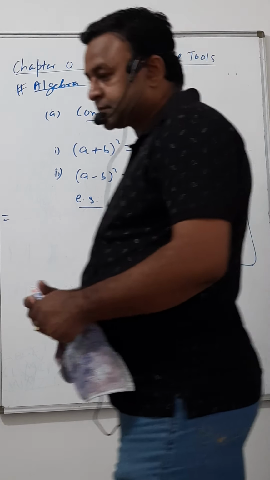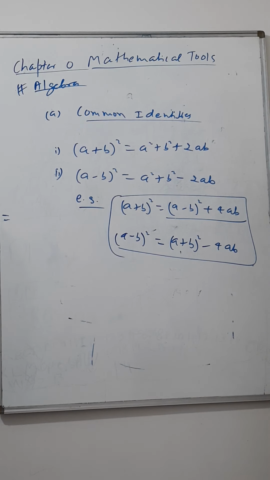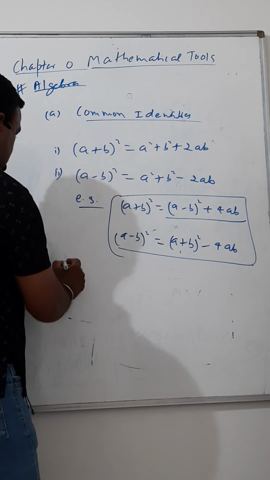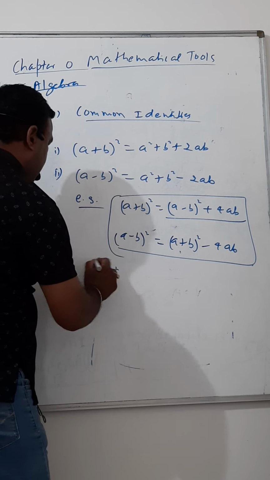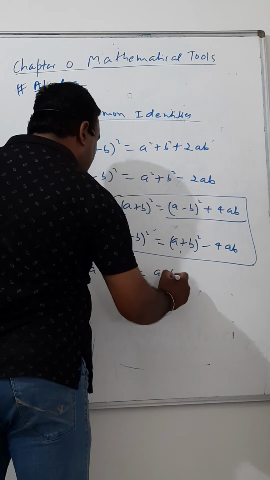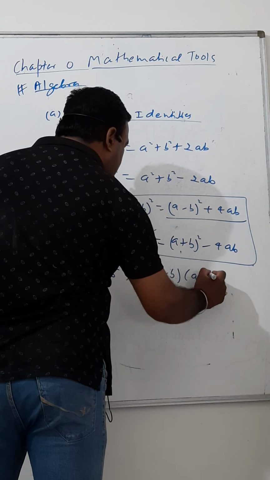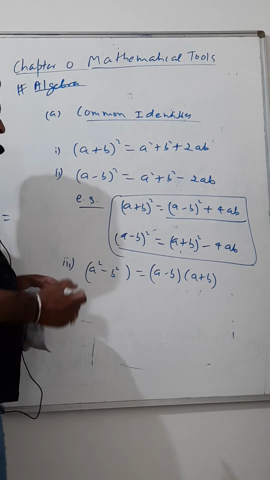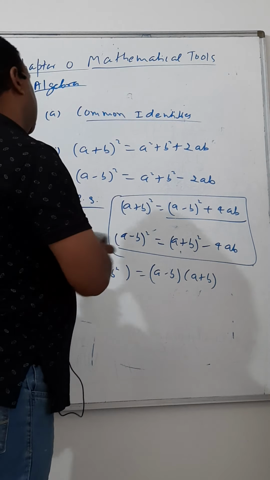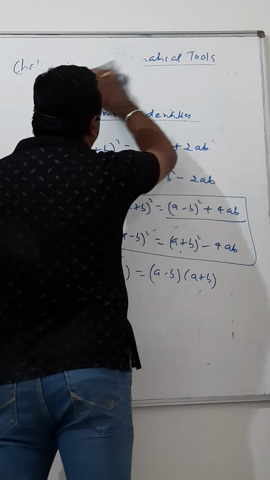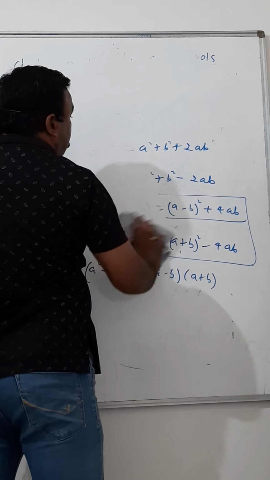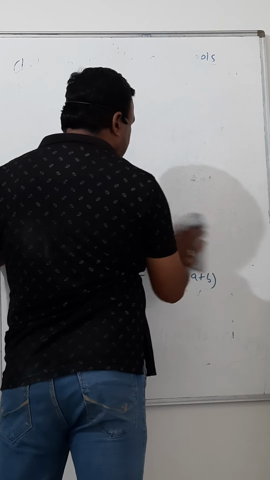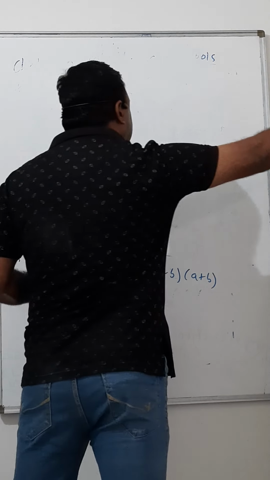After that, I come to a square minus b square equals (a minus b)(a plus b). You know it very well. It can be written easily here. I give an interesting example and then I will talk about a different thing. Look, I have this a square minus b square.